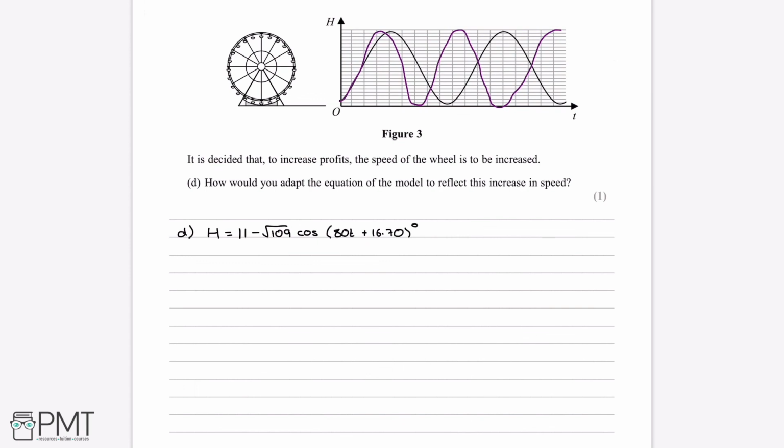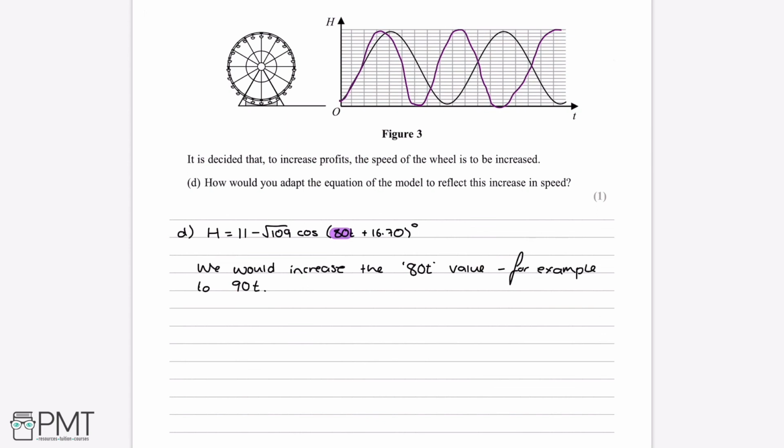And so the way we would show this increase in speed in altering this equation is we increase the coefficient of t, and that is this number here, the 80. This could be to any number greater than 80, but we could do 90t, we could have 100t, any number greater than that would reflect an increase in speed.